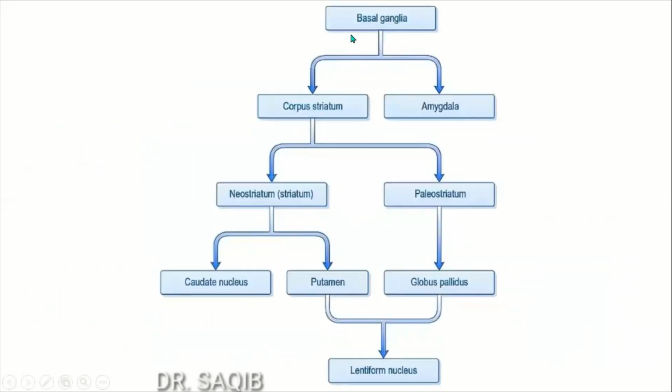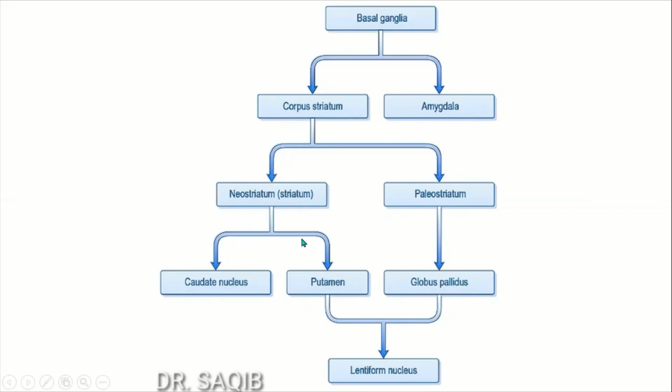And this is the overall classification. This is the basal ganglia consisting of the corpus striatum and the amygdala. The corpus striatum, what is that composed of, right? This is the paleostriatum and the neostriatum, or simply striatum, right? So the paleostriatum divides into the globus pallidus, right?